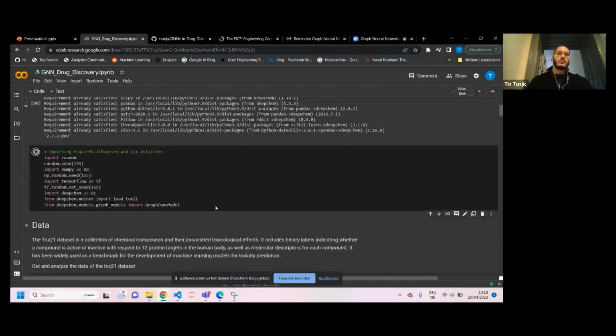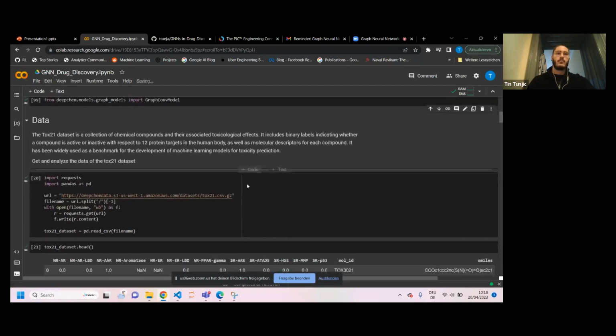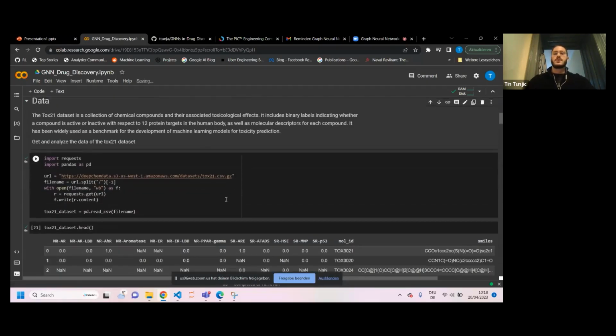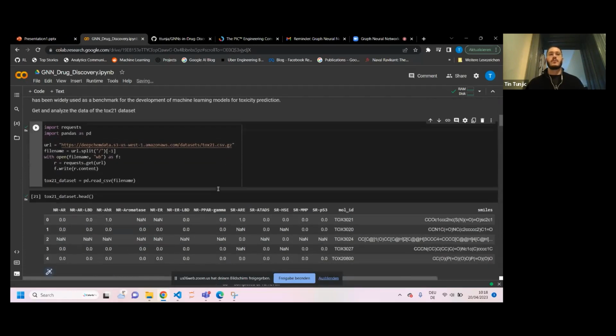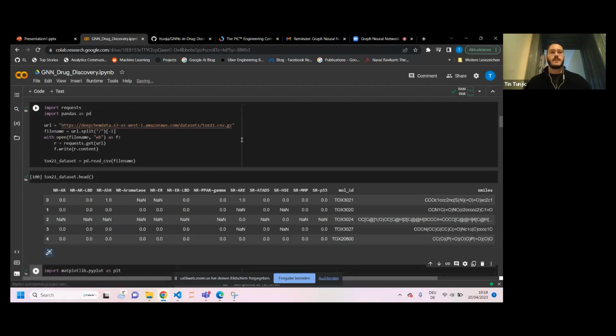We're going to load some libraries, and now we're going to get the dataset just so you can get a sense of how it looks. This Tox21 dataset looks like this: the first 12 columns are these 12 assays that I was mentioning.